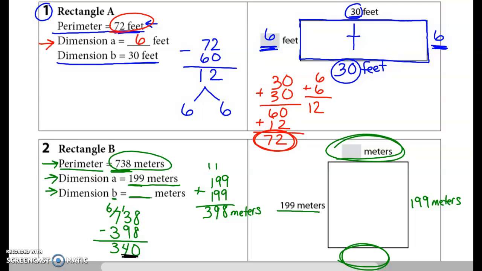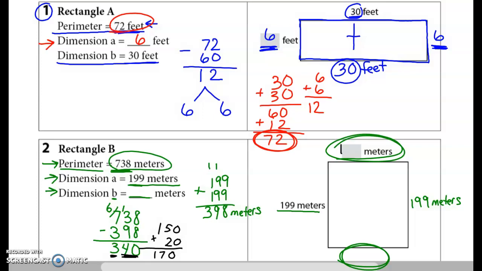Well, I know half of 40 is 20, but then I have to think, what's half of 300? 3 is an odd number, so I have to think of that one a little bit differently. Well, 100 plus 100 would give me 200, so I need to split that other 100 in half then. So half of 300 is 150. If I take those halves and add them together, 170 is half of 340.